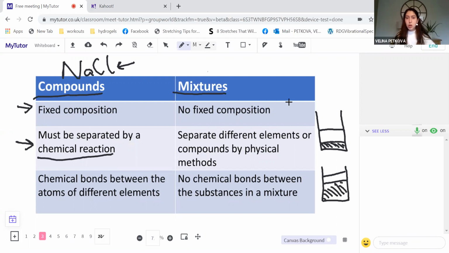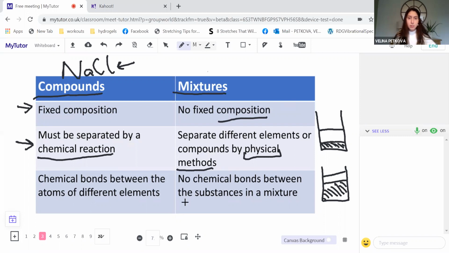So the composition can be varied significantly. It's much easier to separate mixtures. You separate them using different physical methods, which is what we're going to be talking about. There are no chemical bonds between the substances. Therefore, you don't need chemical reactions to separate them, making separation much easier.